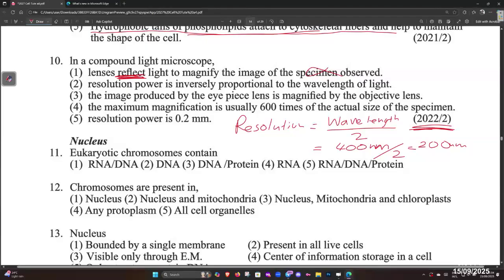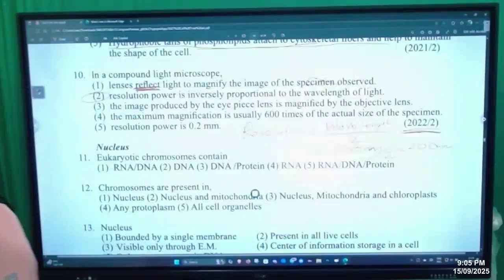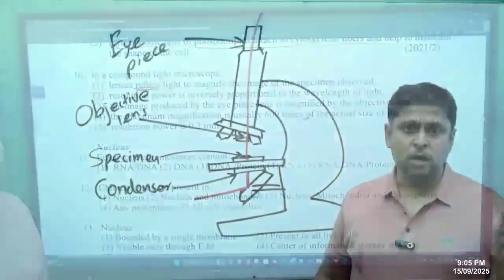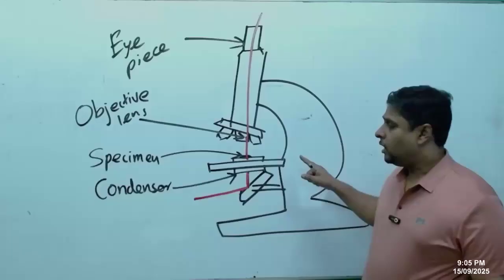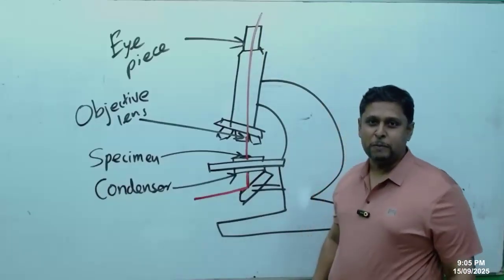So second is okay. The image produced by the eyepiece lens is magnified by the objective lens. Image produced by the eyepiece lens, is that possible? Look at this. Then the light has to come from your eye down to the specimen.